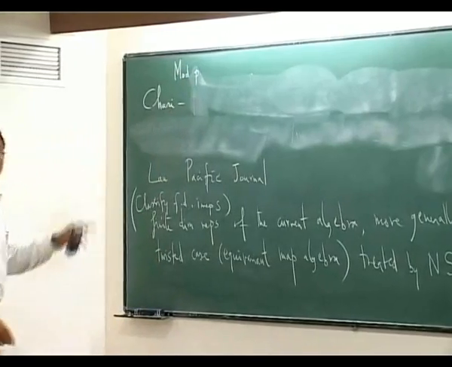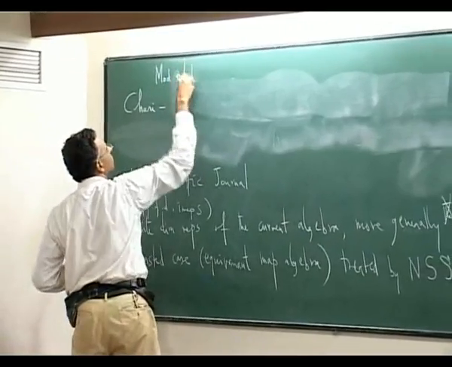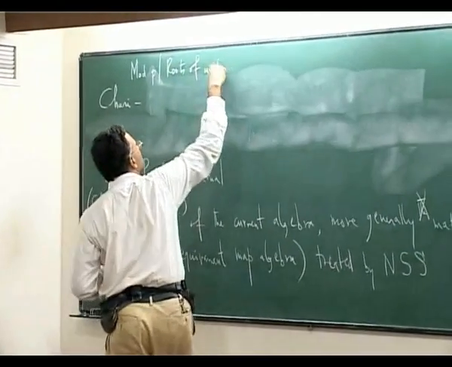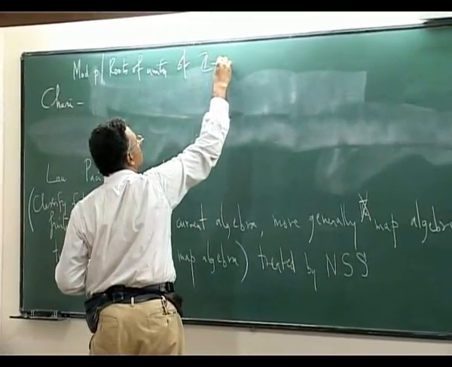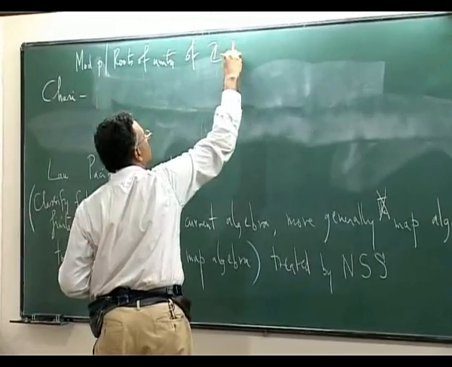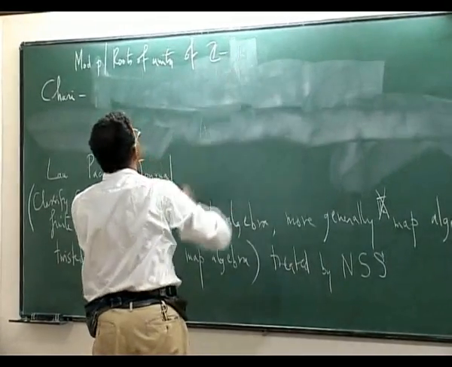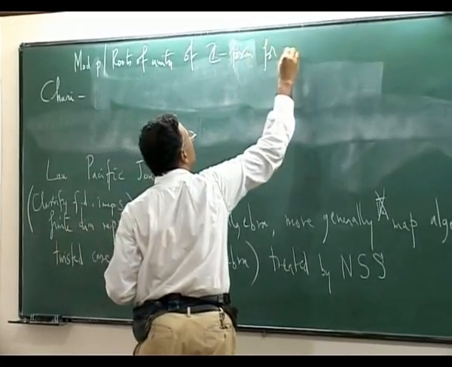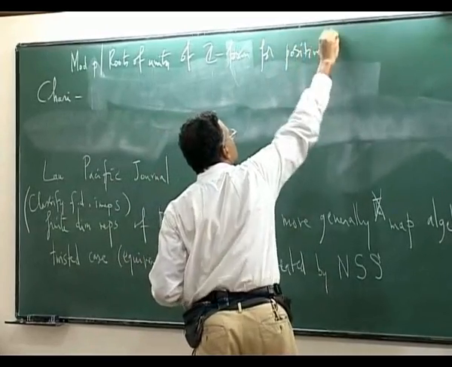Actually, I think you should write mod P / roots of unity, because what we actually do is roots of unity. For example, the analogous question for just the basic representation of an affine, if you reduce modulo P, does it remain irreducible?